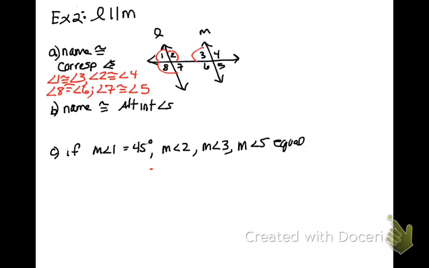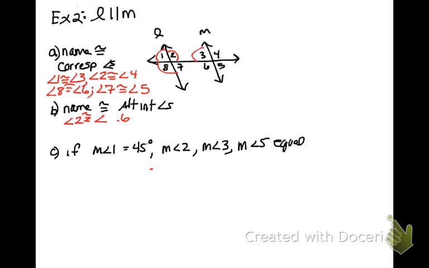Now alternate interior angles. Notice corresponding angles has 4 different pairs, but alternate interior only has 2 answers. Inside the two lines, I'm going to start with angle 2. It alternates with what? Angle 2 and angle what? They alternate and they're inside. 6. Angle 6.